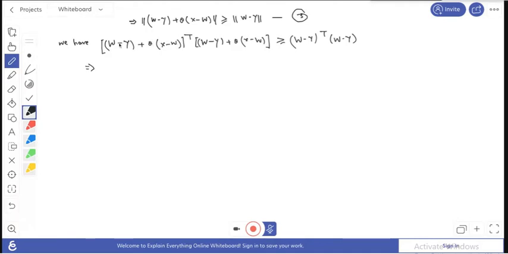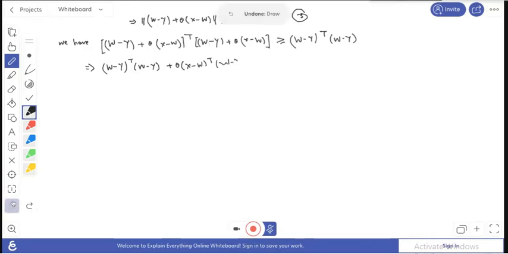If you multiply, this becomes w minus y transpose times w minus y, plus, taking theta common, x minus w transpose times w minus y. First we multiply this into this, and this into this.